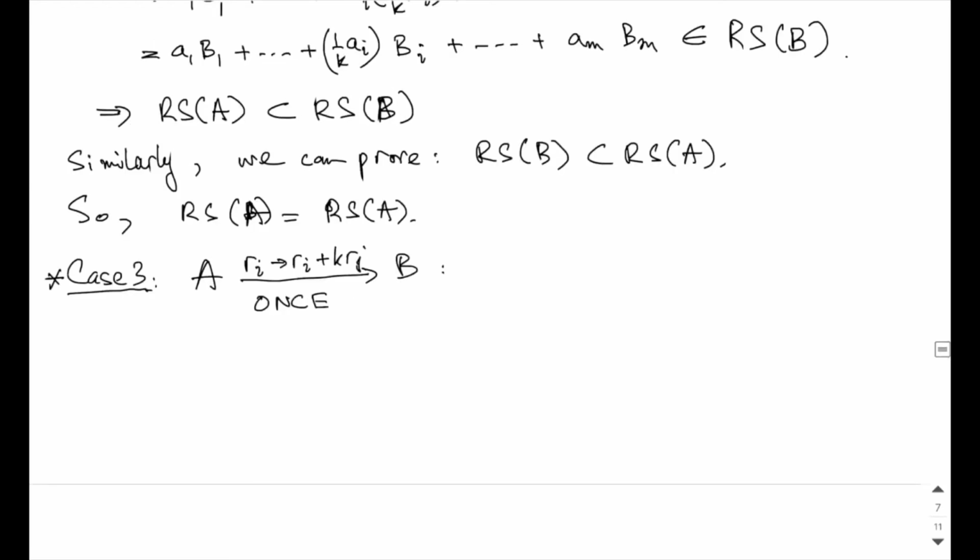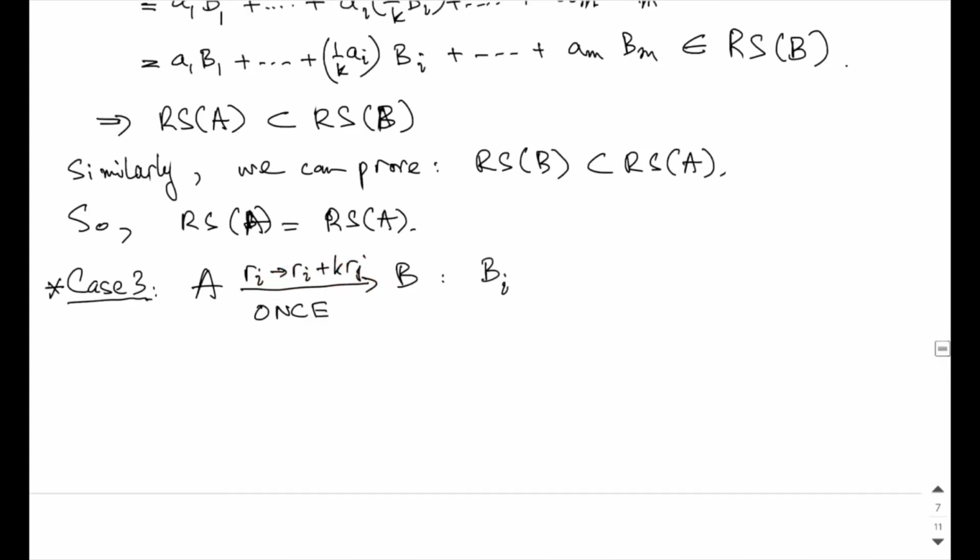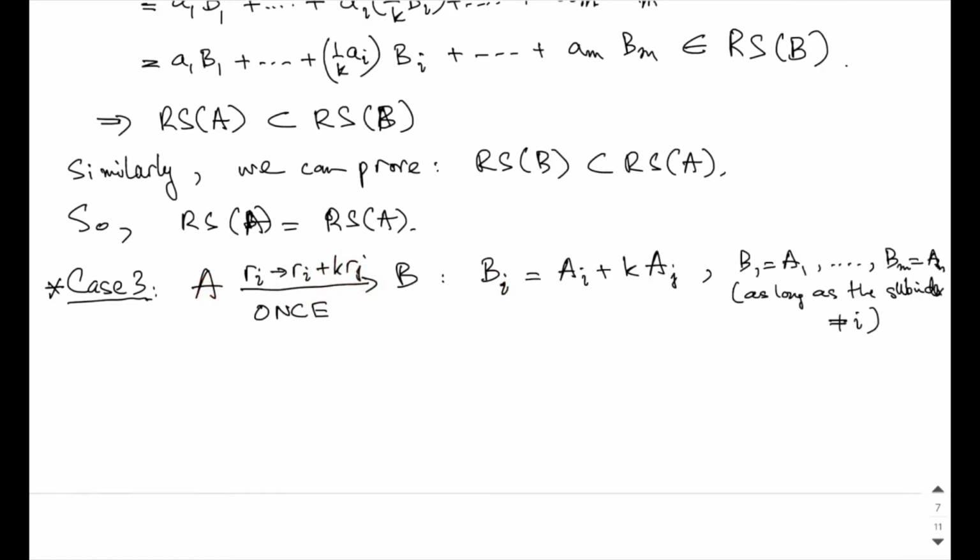If we do this, this means that the ith row of B turns out to be the ith row of A plus k times the jth row of A. The other rows of A and the other rows of B are going to be the same. Now from here, we can rewrite the ith row of A as the ith row of B minus k times the jth row of A.